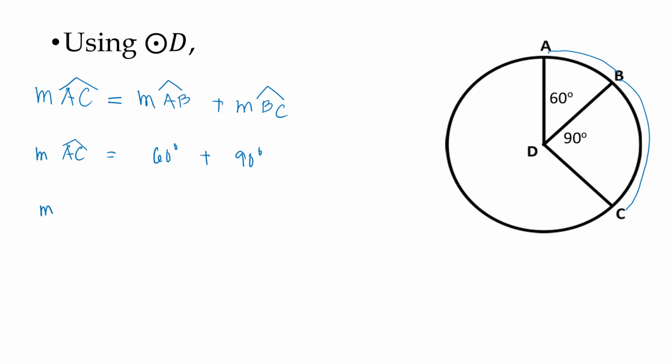So therefore, we have the value of arc AC is equal to 150 degrees. Okay, so that's it. As easy as that. We'll just add the given arcs in the figure, again following the arc addition postulate.